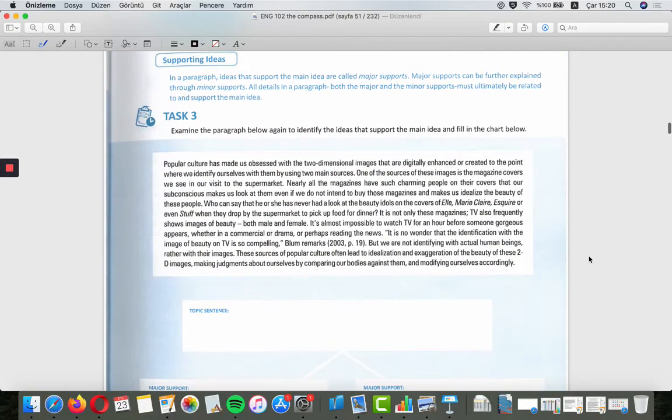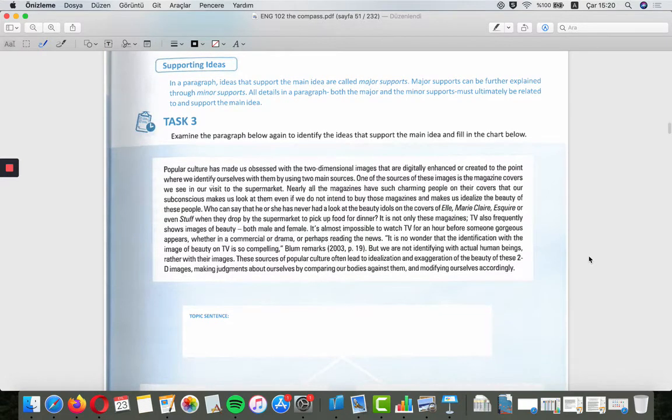Okay, it's also another way of writing your main ideas. It means it is not given explicitly, it is not given openly, but still you can find what the writer is aiming to say in the paragraph. Now, after main ideas, there are some other parts, some other bits of paragraphs.